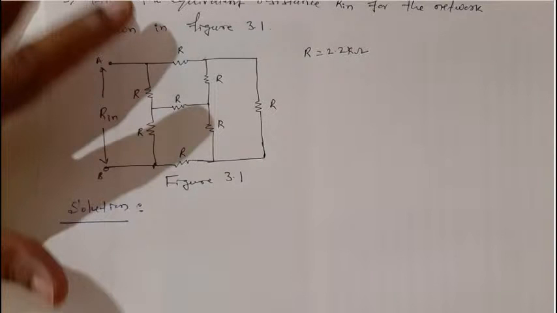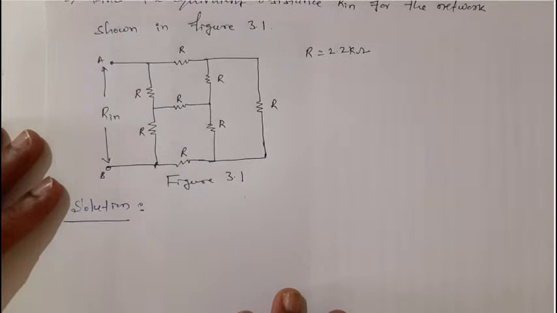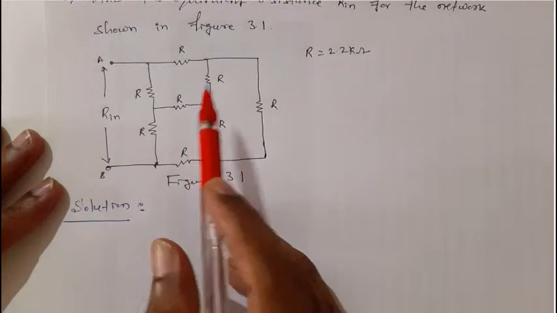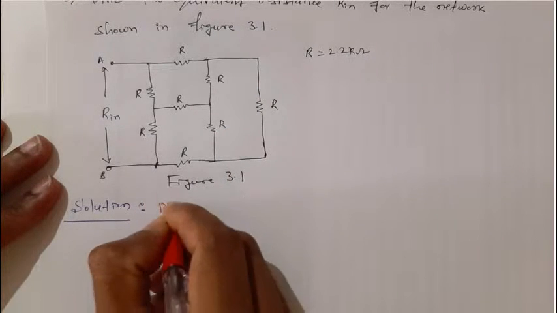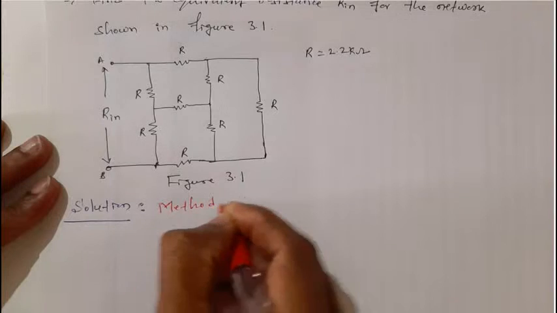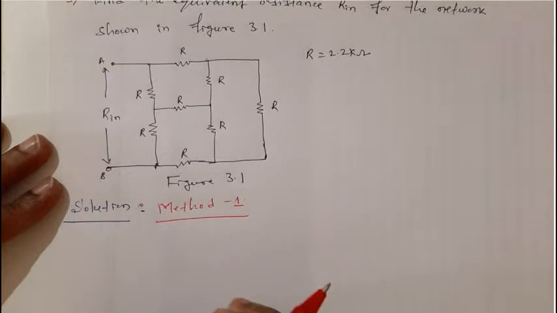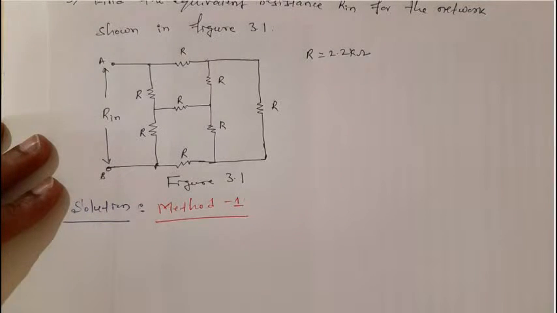I am going to tell one or two methods for this network only. Instead of discussing many problems, I will discuss this particular network in different methods. First, I call this method 1, nothing like a fixed method, just whatever way I am solving, I call it method 1.